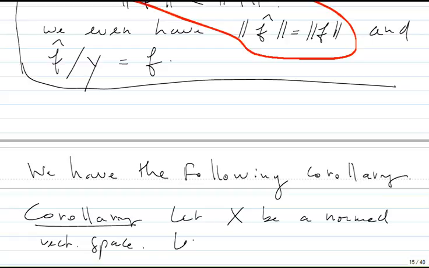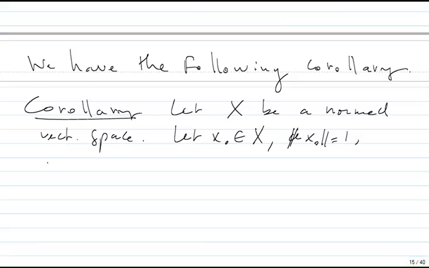So let's take x0 in X, and the norm of x0 equal 1, and alpha 0 positive.